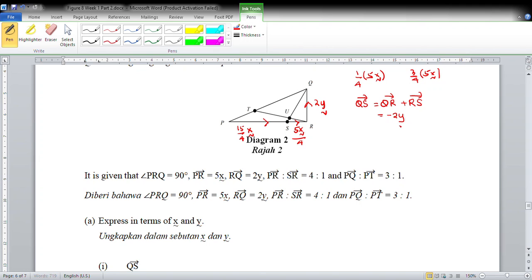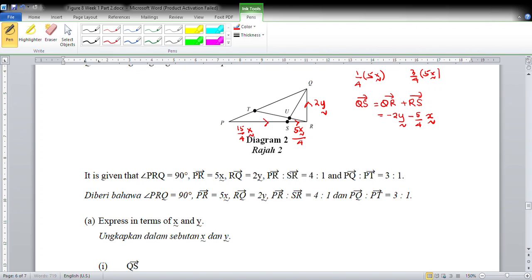And RS is again going the opposite direction, right? So you get minus again 5/4 x. Okay, that's your answer for the first part.